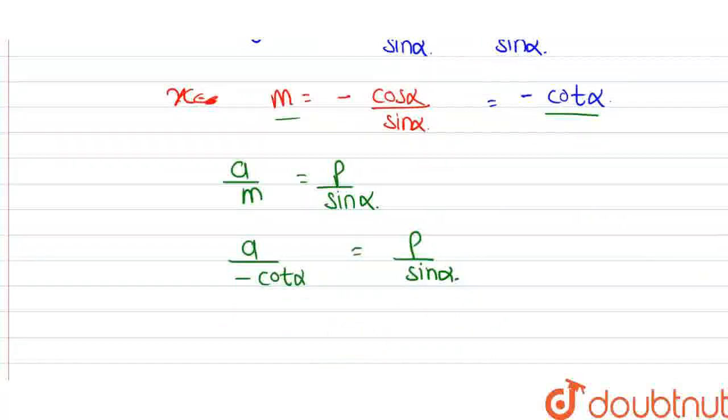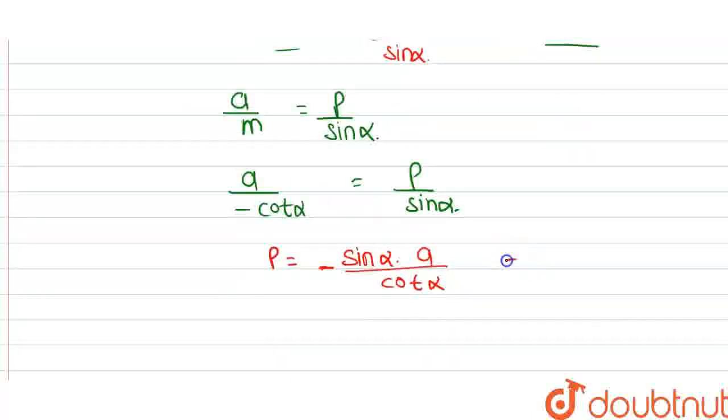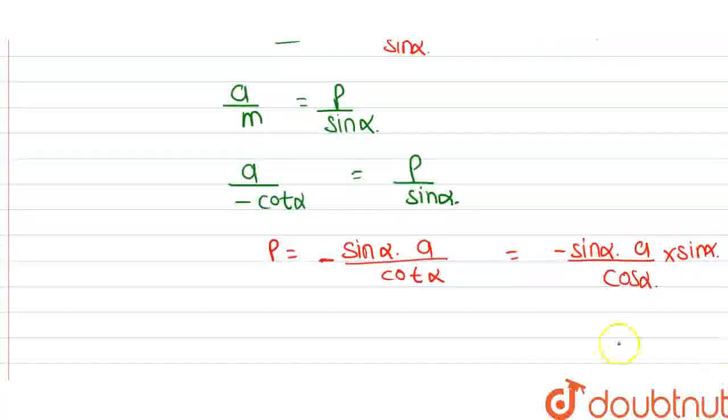So from this equation we can write the value of p. The value of p is equal to sin alpha into a divided by minus cot alpha. Now cot alpha can be written as cos alpha divided by sin alpha, so in multiplication we have sin alpha.